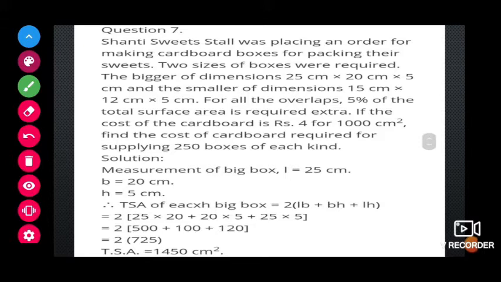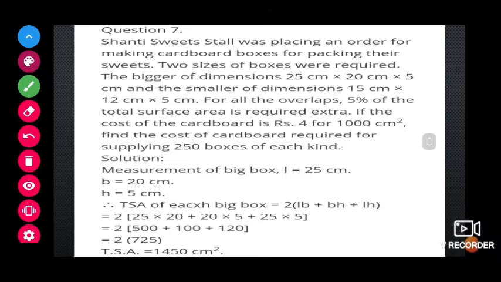If the cost of the cardboard is rupees 4 for 1000 centimeter square, find the cost of cardboard required for supplying 250 boxes of each kind.